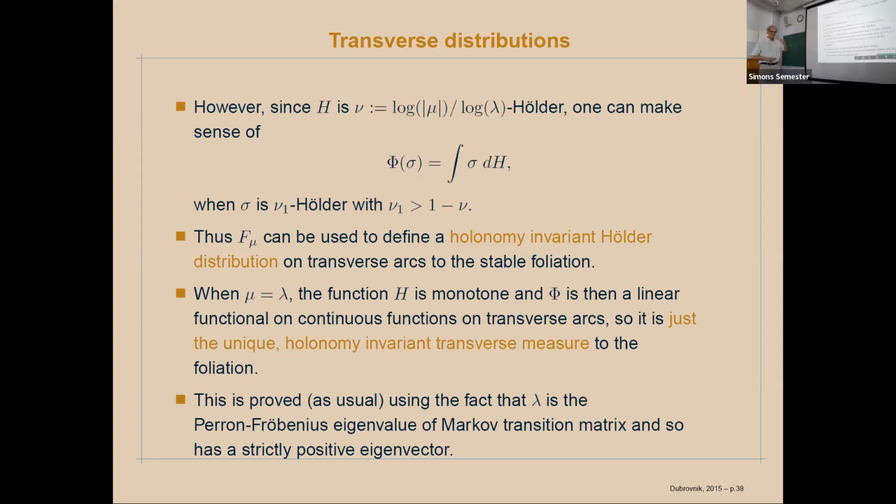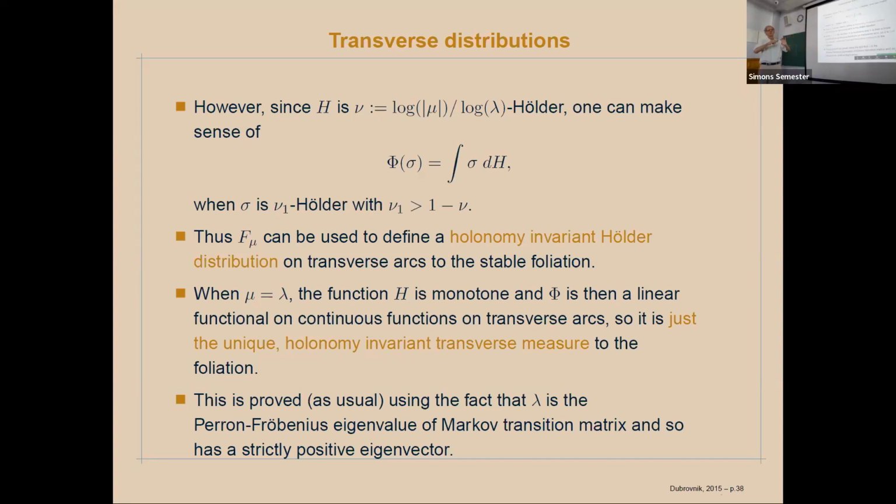All right, so let me remind you about the setup for these. If you have a continuous function, the dual object is a measure. If you have a smooth function, C infinity, then the dual objects are Schwartz distributions.